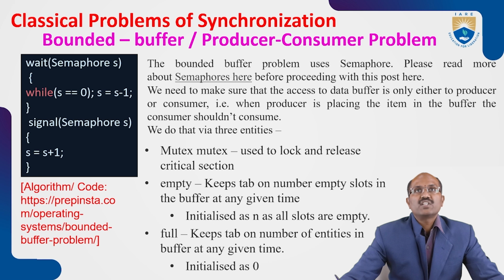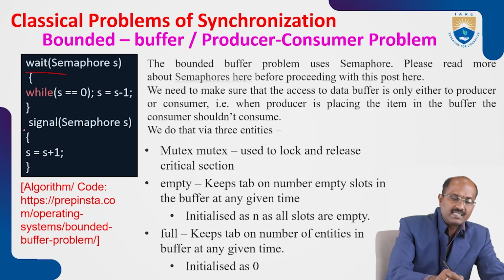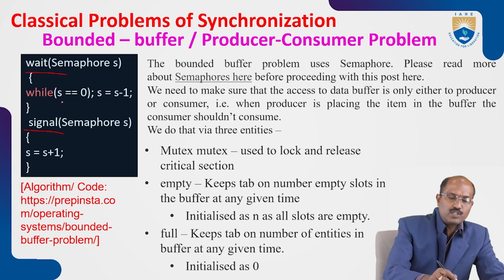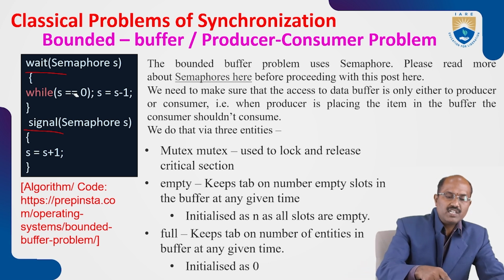Wait and signal are two functions that work with a semaphore variable, like semaphore S. While S is equal to 0, there is nothing available, so the process should wait. Once the condition is true, S should be decremented by 1.